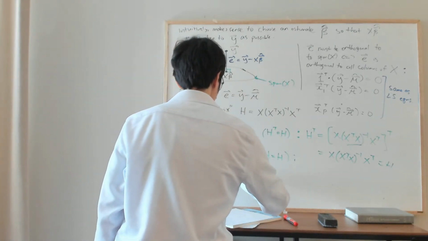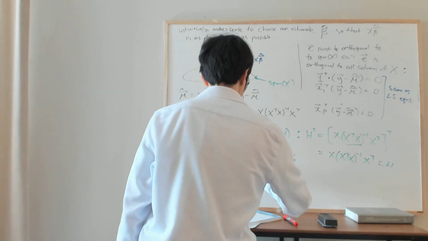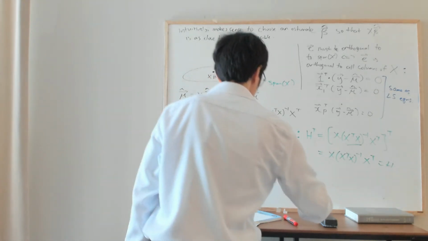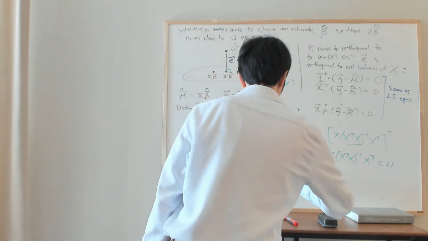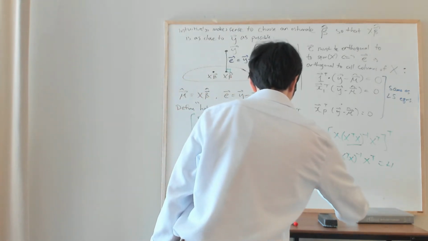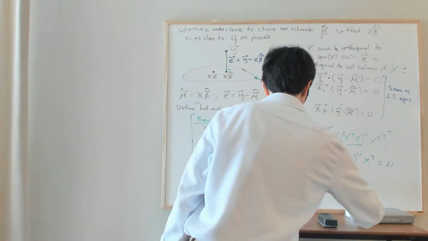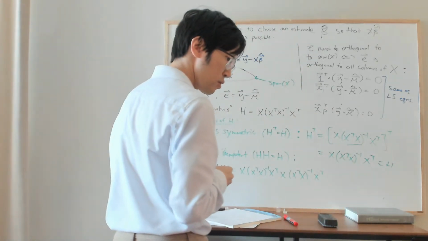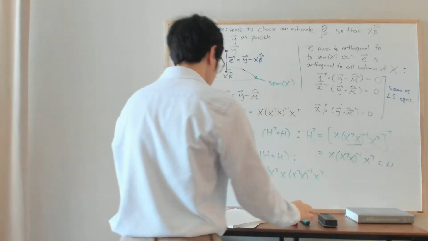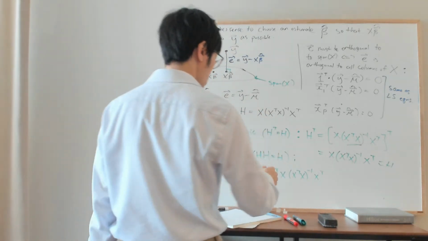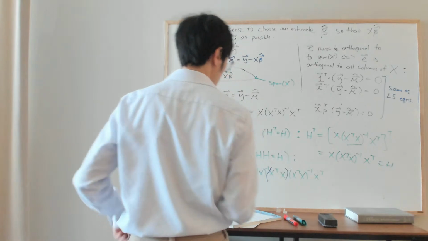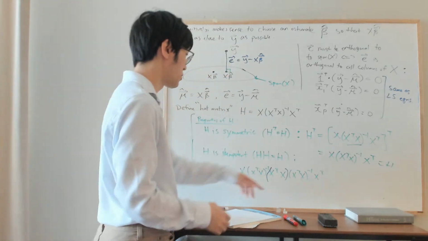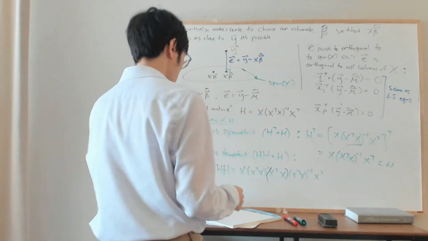H times H, so I'm going to write H two times, and then I group this X transpose X so that I cancel one of them. What's left over after canceling one is simply H back.